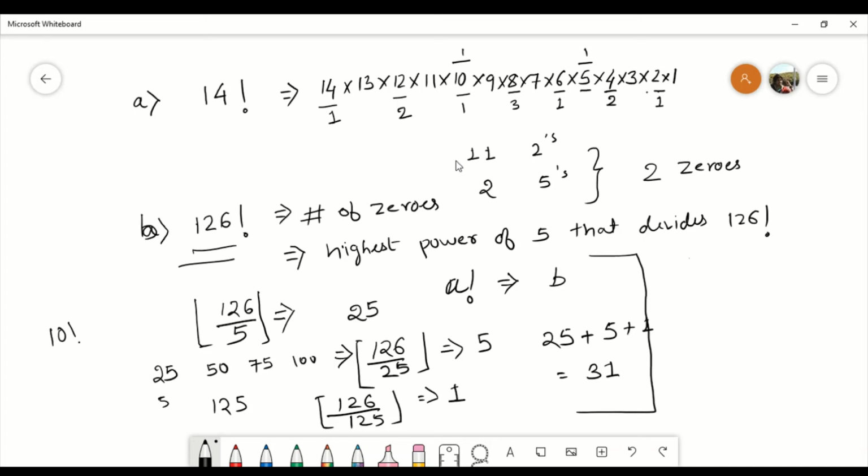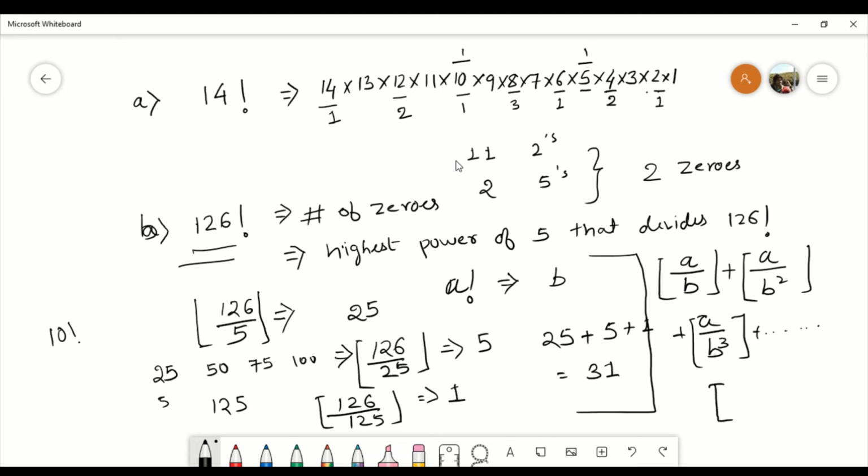by, first we can divide a by b, plus a by b square, plus a by b cube, plus a by b raised to the power n, until we get an integral solution, right? Until it becomes 0.